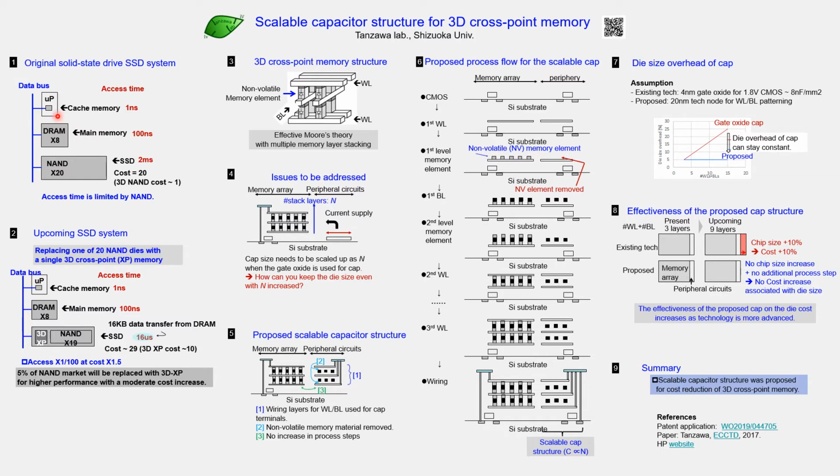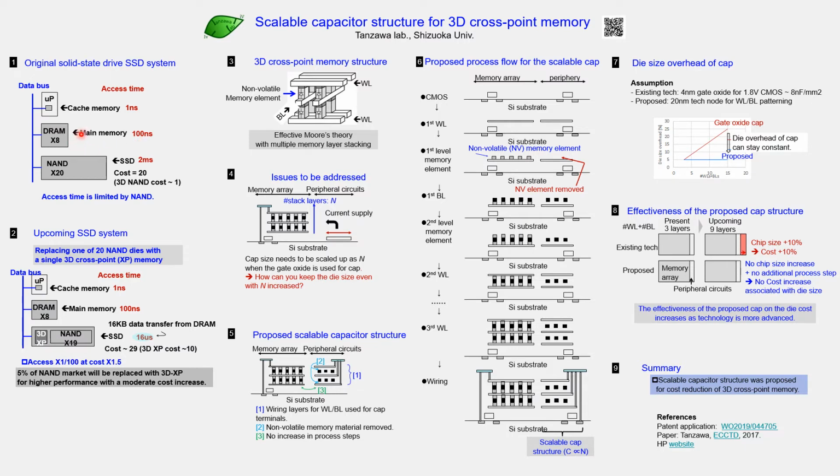When your data doesn't exist here, then you have to look for that data in DRAM. If that data is located in DRAM, then you would need to take more time, such as an order of 100 nanoseconds for read or write operation.